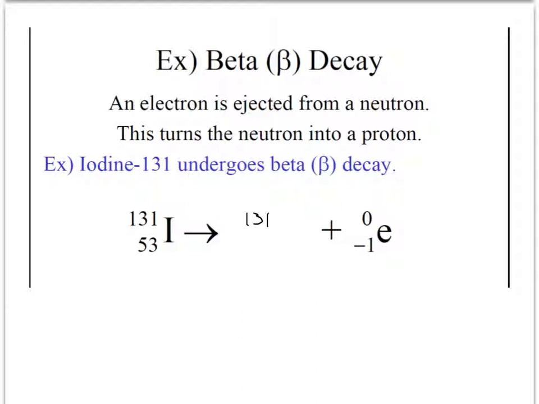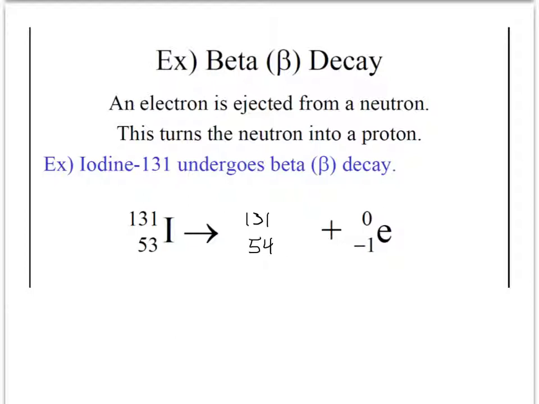And if we started with 53 protons and we lose a -1, what does that mean we have left here? It means we've got a 54 because one of those neutrons turned into a proton, so it's going to increase our number of protons. So with a beta decay, the atomic number does not go down like it does with the alpha decay. Instead, it goes up.